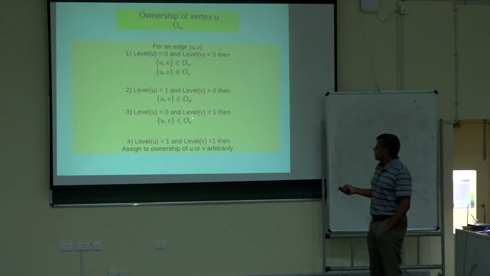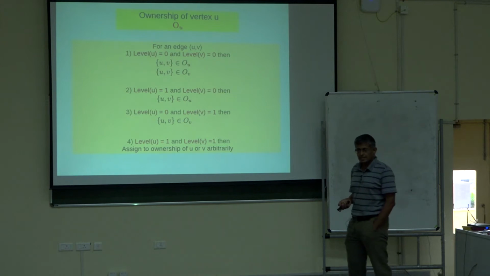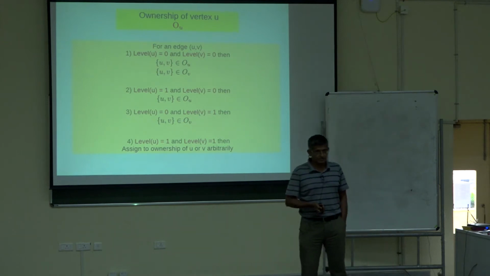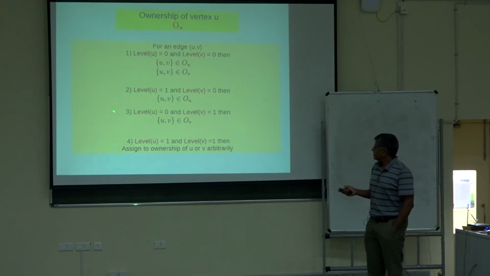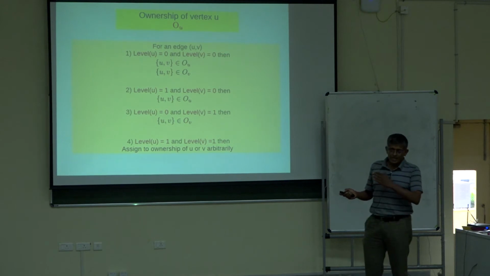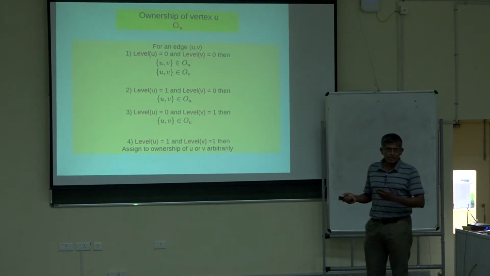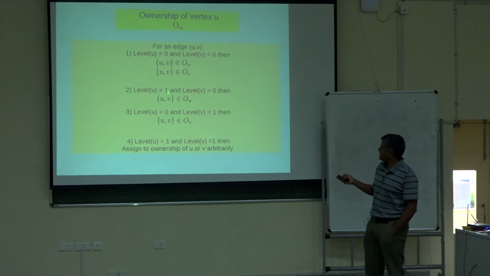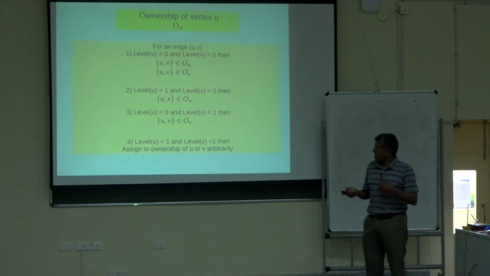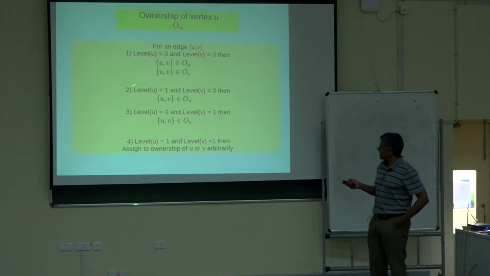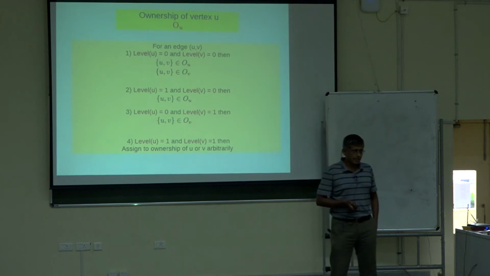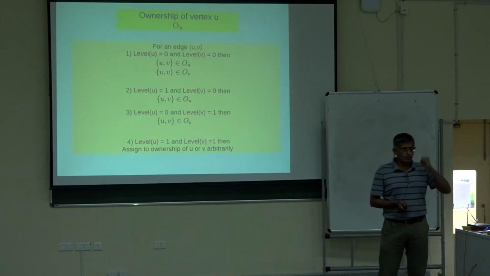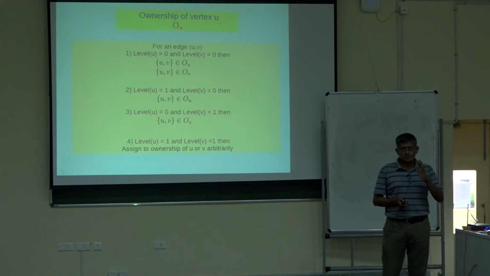Now, it's the size of the ownership list that will decide whether a vertex stays at level 0 or at level 1. As I go through it, I'll give you the calculation for why the size of the ownership list is going to be root n. What we will observe, and I'll try to motivate this parameter root n, is that if the ownership list becomes greater than or equal to root n, then that vertex will go up to level 1, and somehow this gives us an advantage.